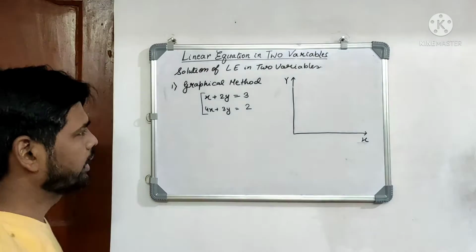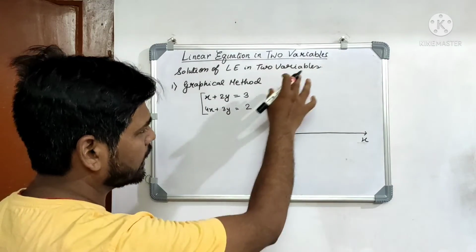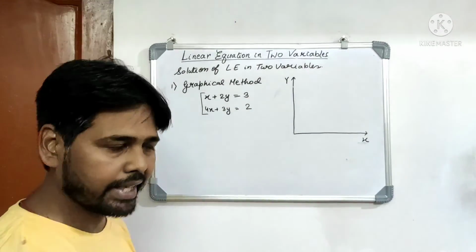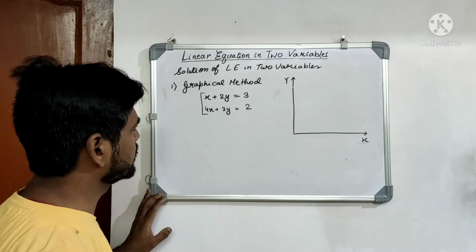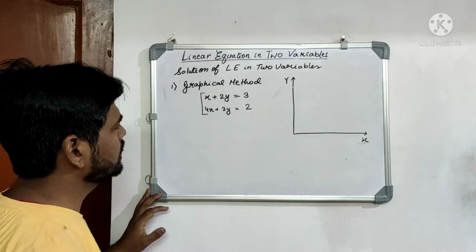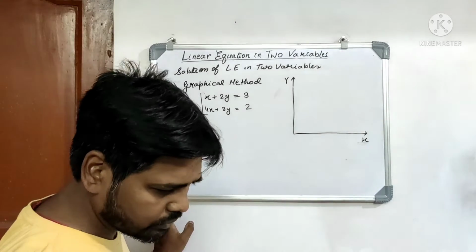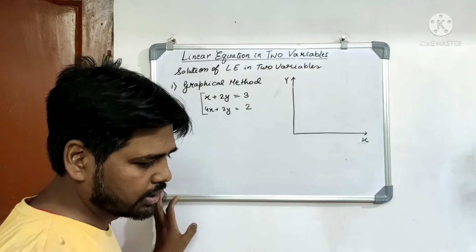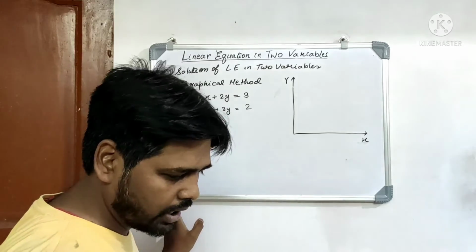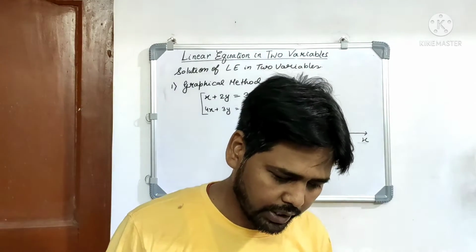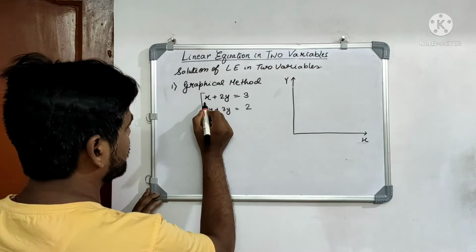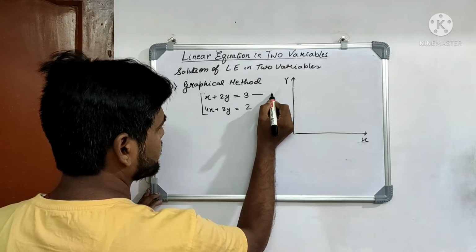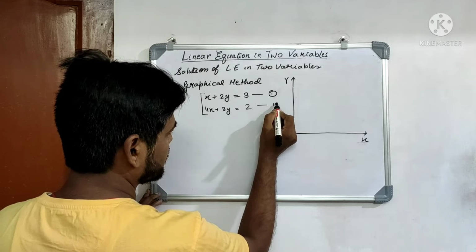For this plane, we will try to obtain the solution of these two equations. For that, we have to find out the values of the variables x and y correspondingly, considering any of the equations. Let us see one by one. First of all, I am going to take this as equation 1 and this one as equation 2.